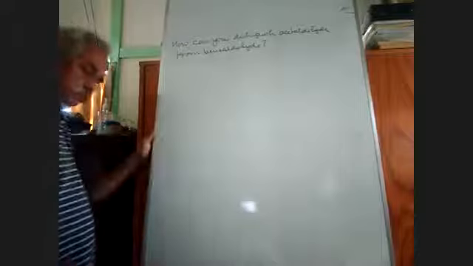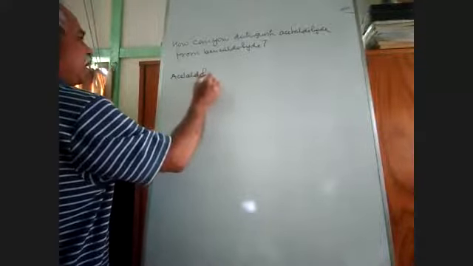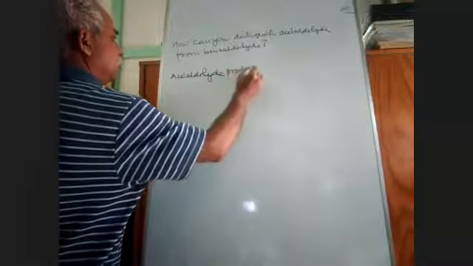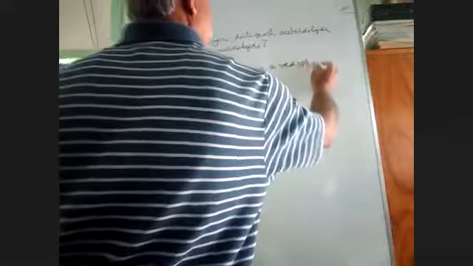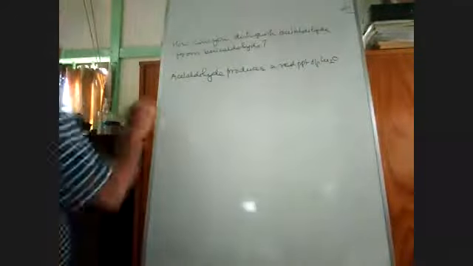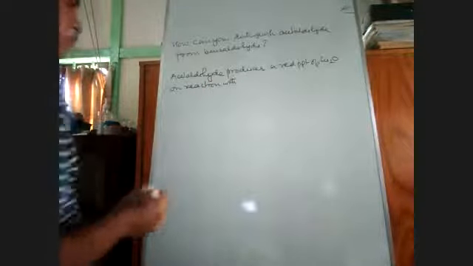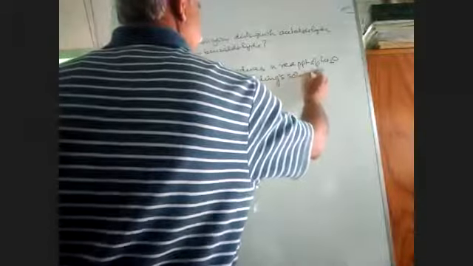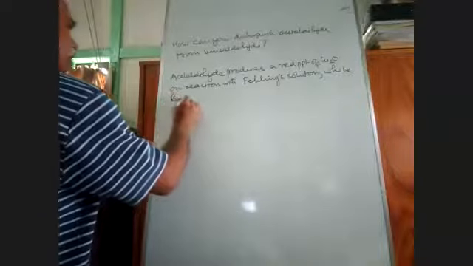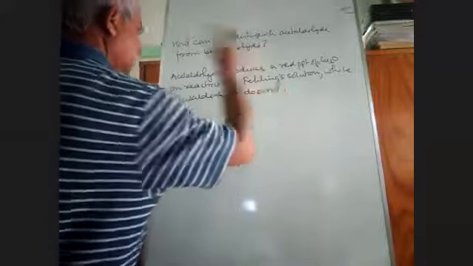So what will we write now? We will write that acetaldehyde produces a red precipitate of cuprous oxide on reaction with Fehling's solution, while benzaldehyde does not.